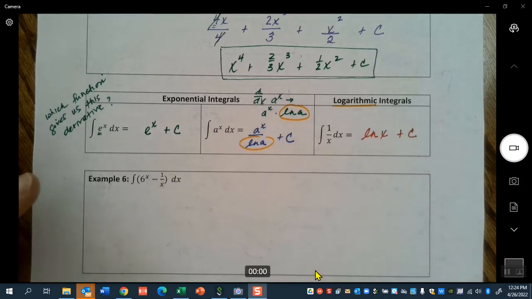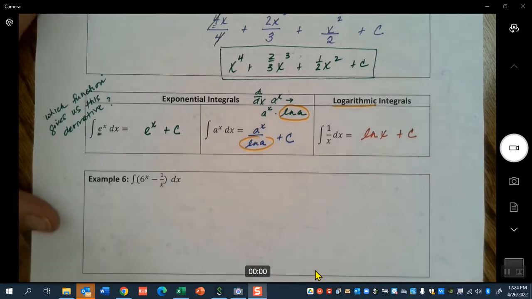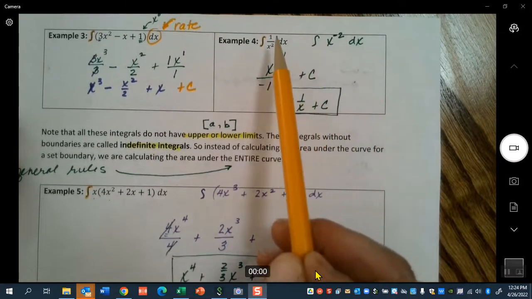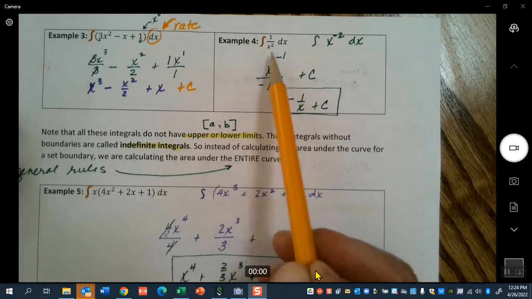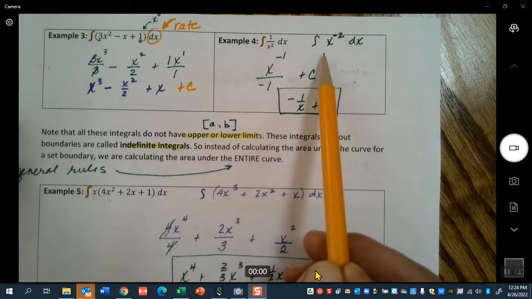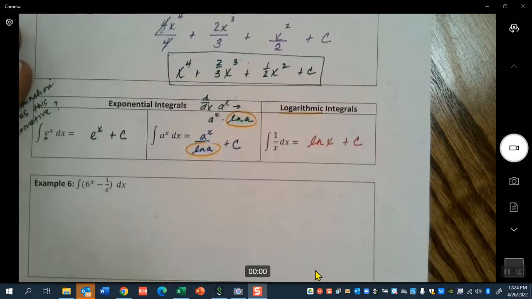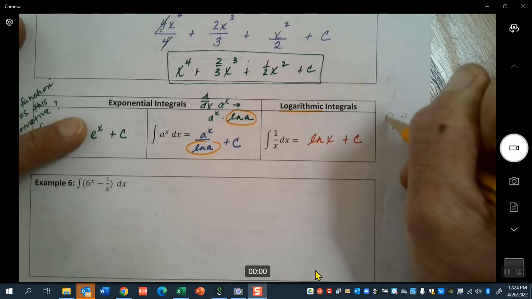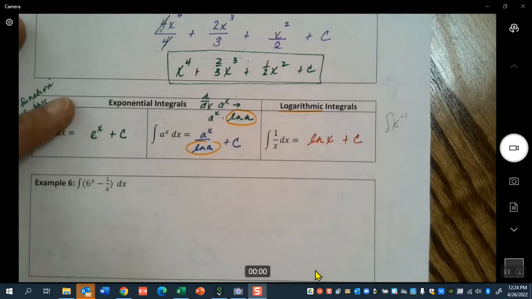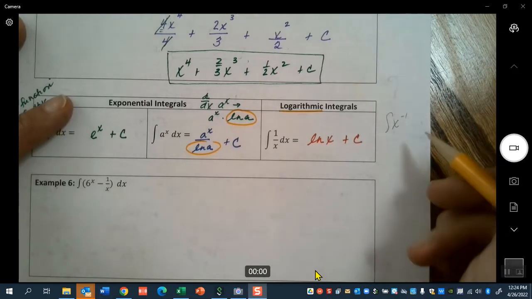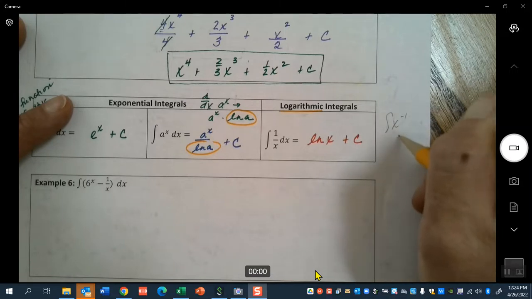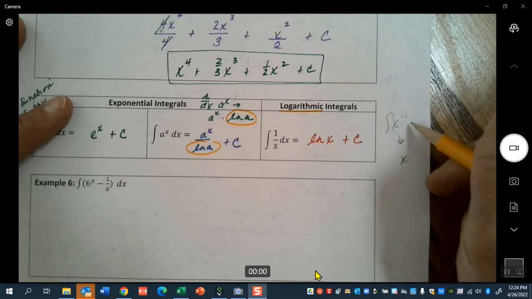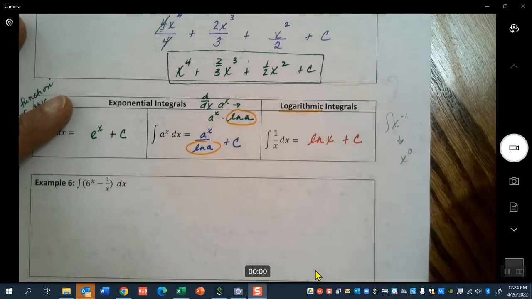So an interesting question that some kids have, and I want to take the time to point this out. When you look up here, we went ahead and had x squared here and we rewrote it as this. So if you're curious, how come we can't just call this x to the negative 1 and take the integral of it? Okay, so let's think about that. If I take my x and I add 1 to it, negative 1 plus 1 is 0.